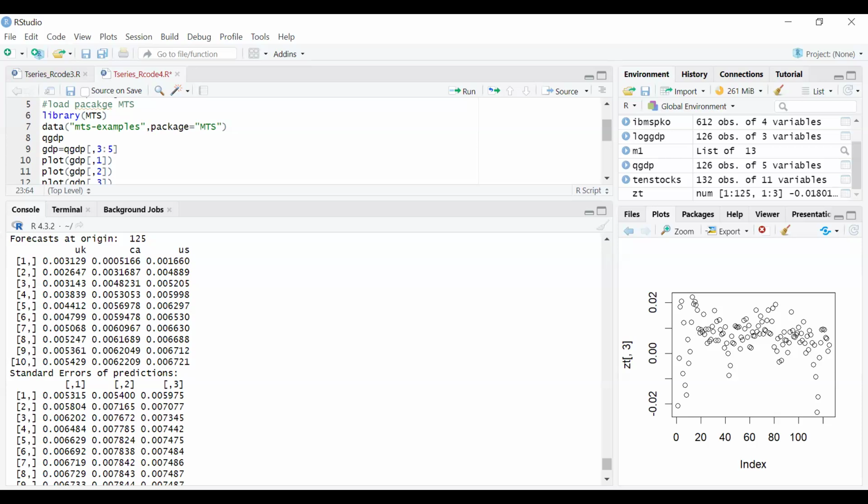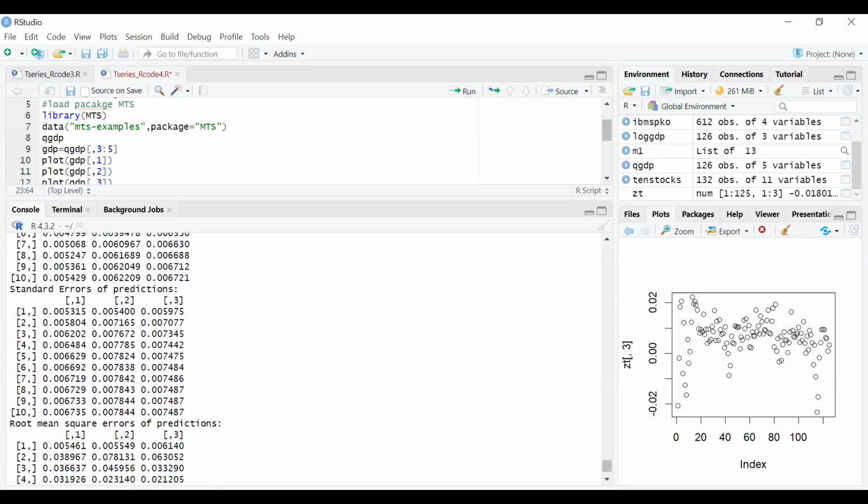Then you have to do the exponentiation, the reverse operation of taking logarithm. That should give you the forecasted GDP for the UK for the next 10 quarters. Similarly, it will give the GDP for Canada for the next 10 quarters, and similarly the GDP for the US for the next 10 quarters. And these are the corresponding standard errors of prediction.